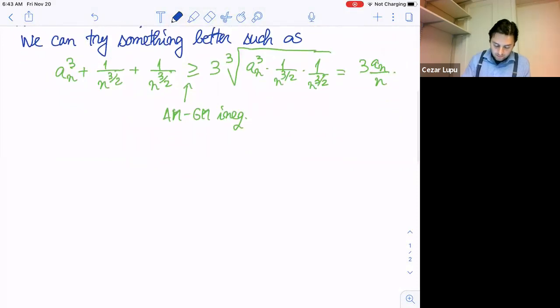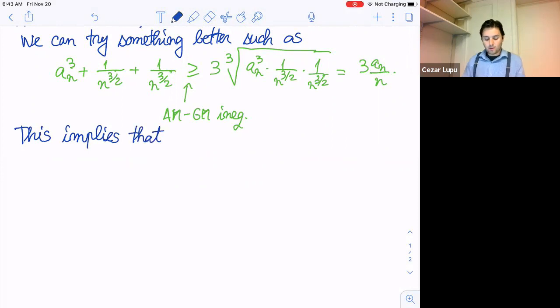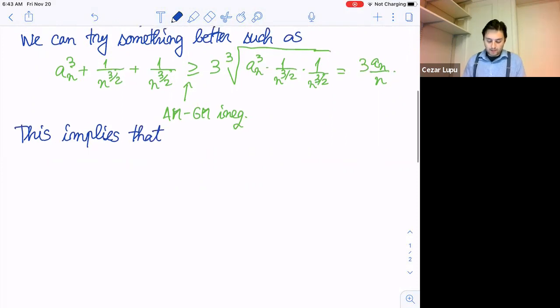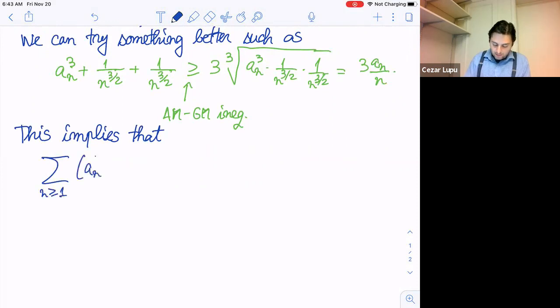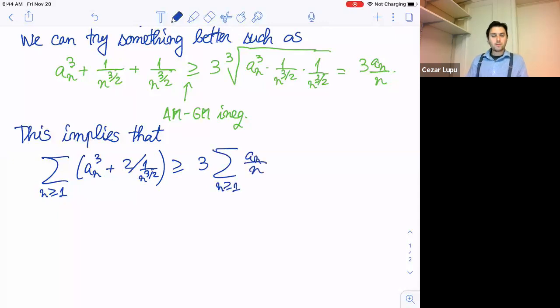And now this implies that the sum of these guys, so this is nothing else than just 2, is greater or equal than 3 times the sum of these, right? a_n over n.